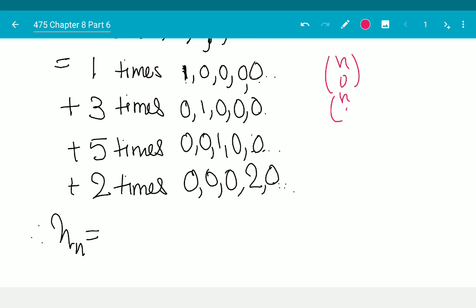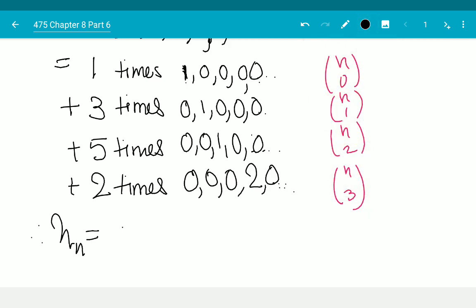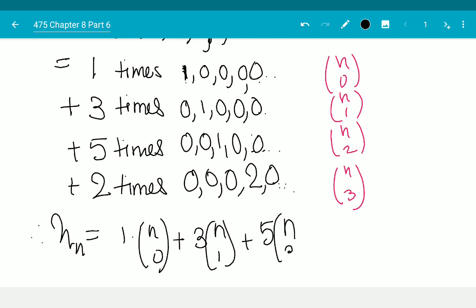This is the diagonal sequence of n choose 1, n choose 2, n choose 3. And therefore hn is equal to 1 times n choose 0, plus 3 times n choose 1, plus 5 times n choose 3, plus 2 times n choose 4.